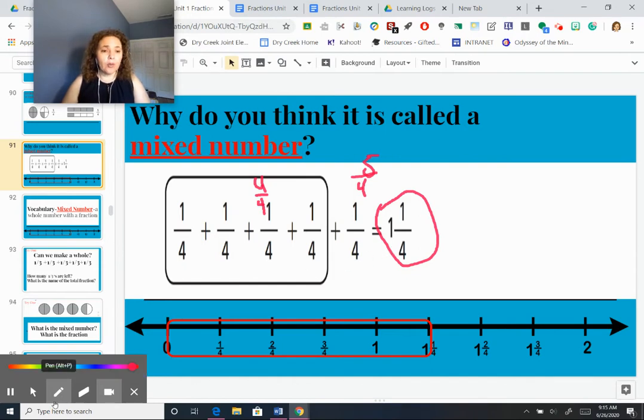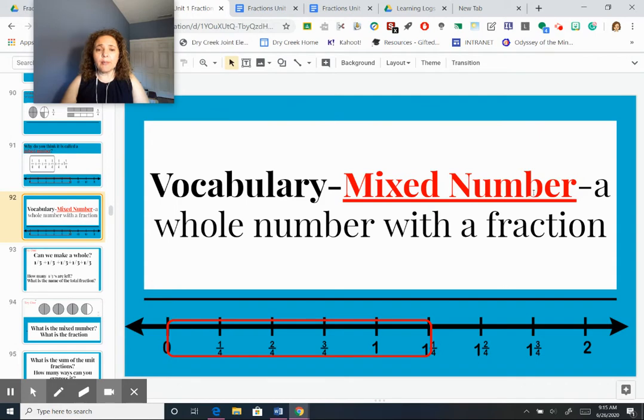So now we're going to write it down in our math notebook. Our vocabulary for a mixed number is a whole number with a fraction. That's all it is. It's a whole number with a fraction. So my whole number was the 1, and my fraction was the 1/4. All right?